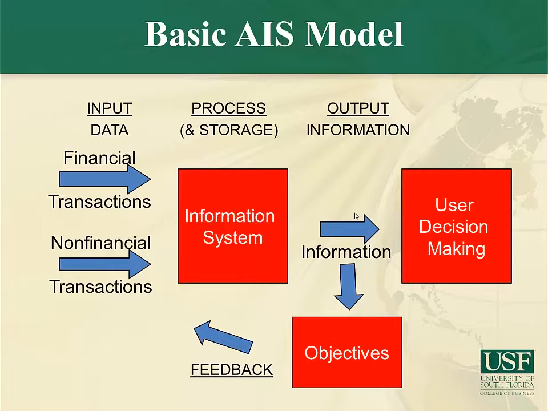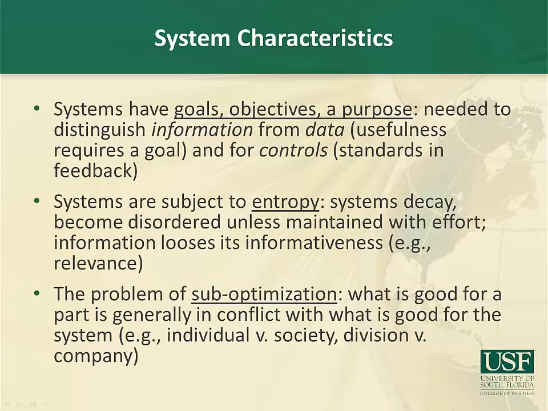For example, GAAP provides us some examples and rules of what is good accounting information. We also have audit standards. So from this testing and inspection and auditing, we get feedback. If the reports are accurate, then no changes need to be made. If the reports are inaccurate, then again we go back into the system and either change the data input or the processing.